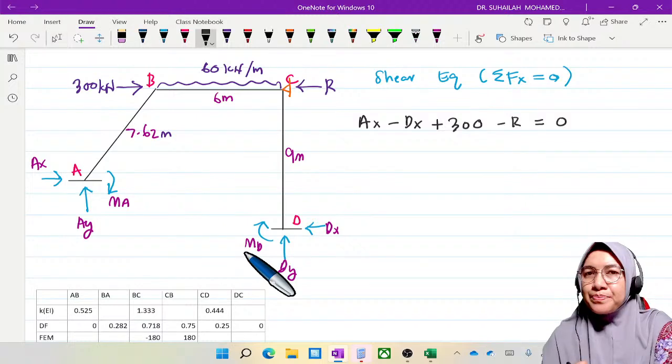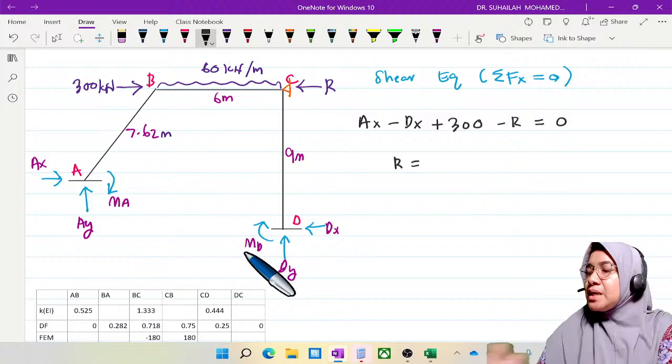So R will be equal to Ax minus Dx plus 300. This will be the equation to calculate R.